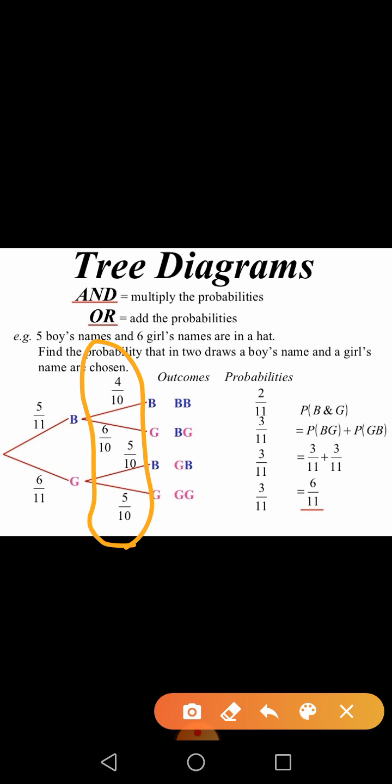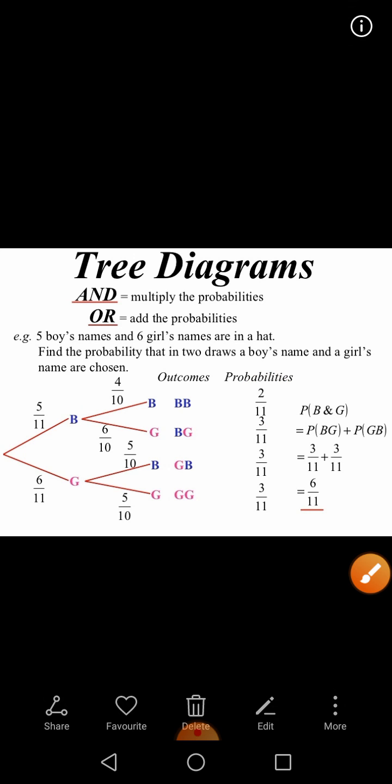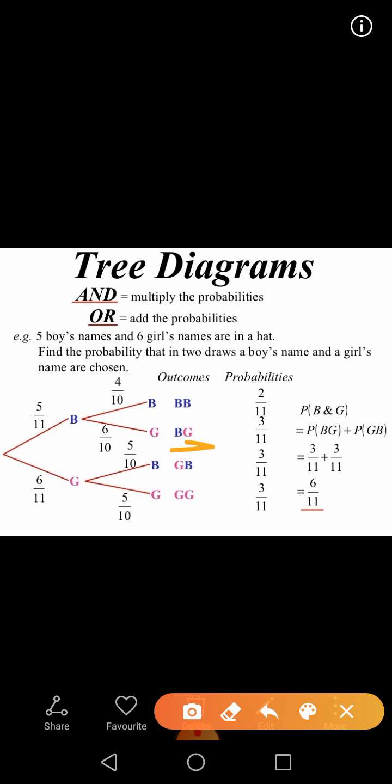Okay, the outcomes will be what? Boy, boy: I will multiply 5 over 11 multiplied by 4 over 10, it will be 2 over 11 after you simplify. Okay, for here, boy, girl: 5 over 11 multiplied by 6 over 10.